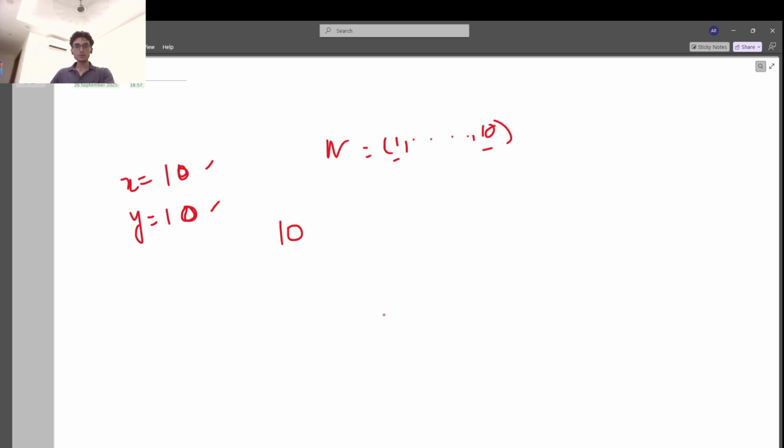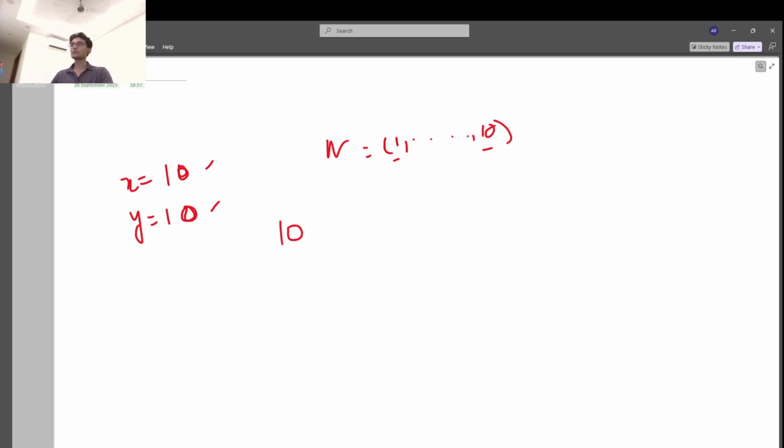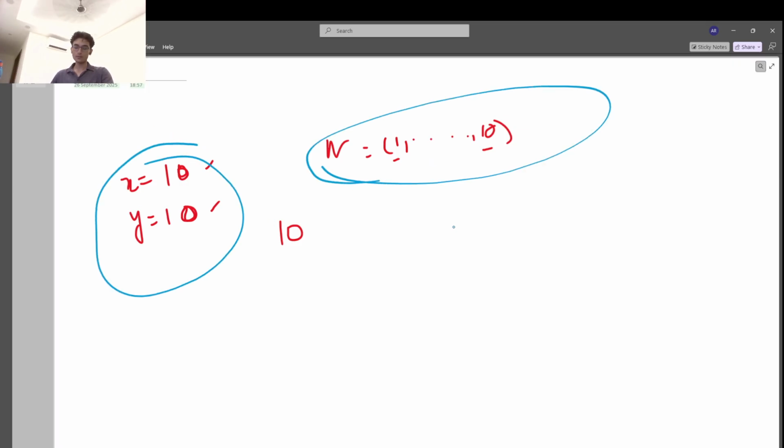So this is our concept of general equilibrium. We have to allocate resources among individuals.